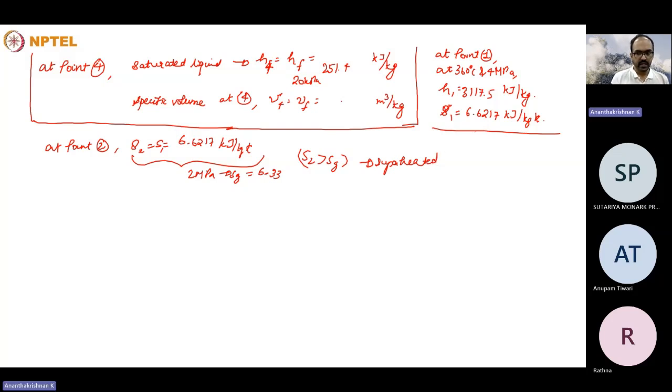So once we know that, we have to actually determine the new enthalpy at the point 2.